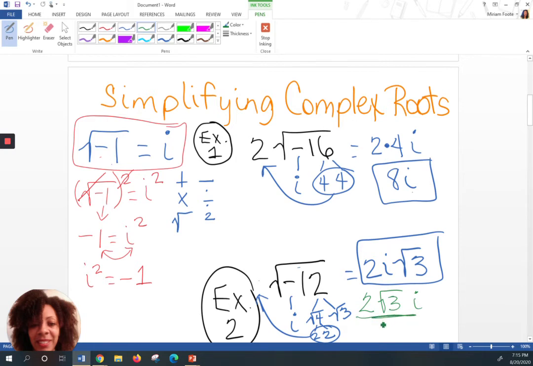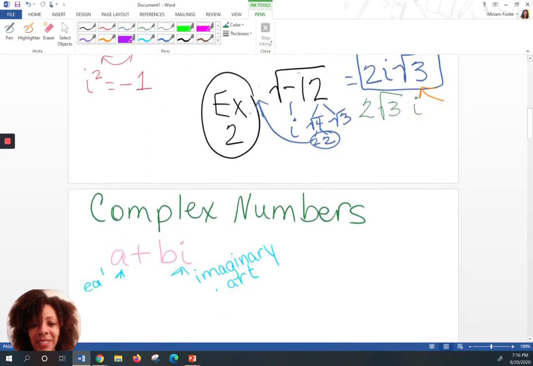What is not acceptable is 2 radical 3 and then the i is under the radical. That is not correct. So to avoid that, I just use this that way. But just know, like on a test, you may actually see it written this way because, let me put my radical back, it's in the bi form that you're about to see on the next slide.